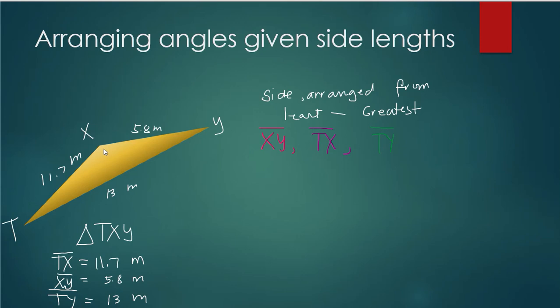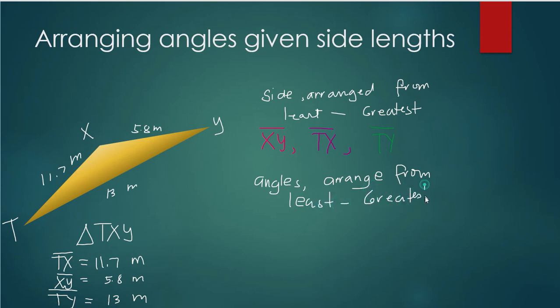What if you're being asked about the angles? Okay, so angles, you need to go back to the same concept we had earlier. Remember? Okay, so angles, we need to arrange them from least to greatest.